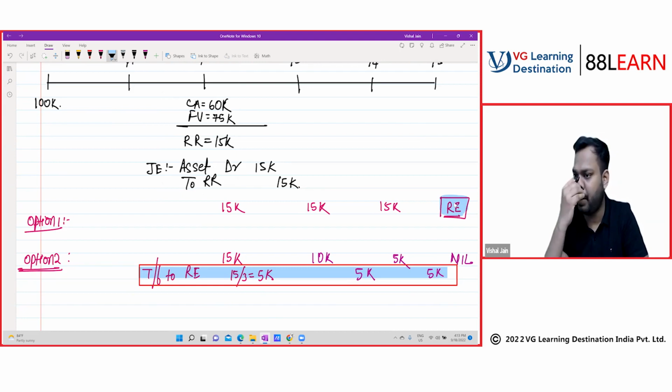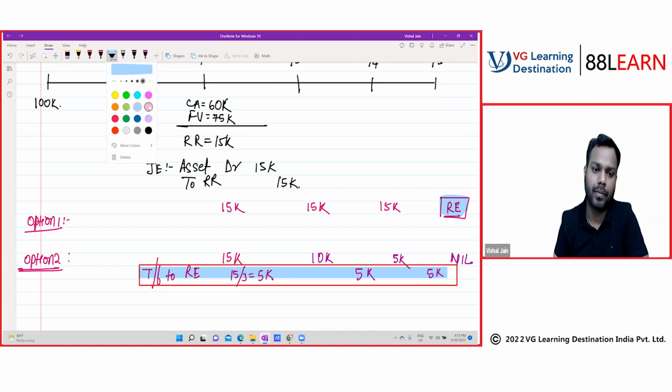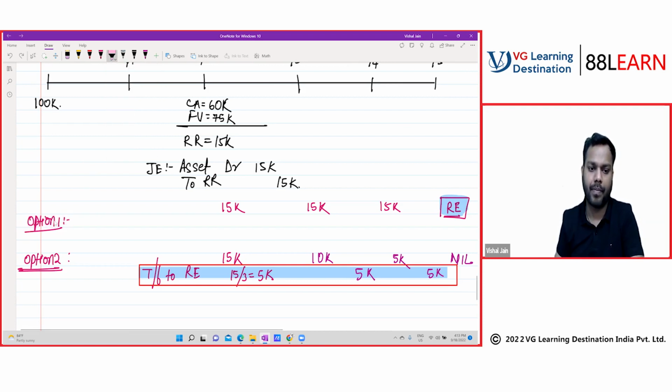Is it clear now? Option number 1 and option number 2 are clear to everyone? These two are the methods.